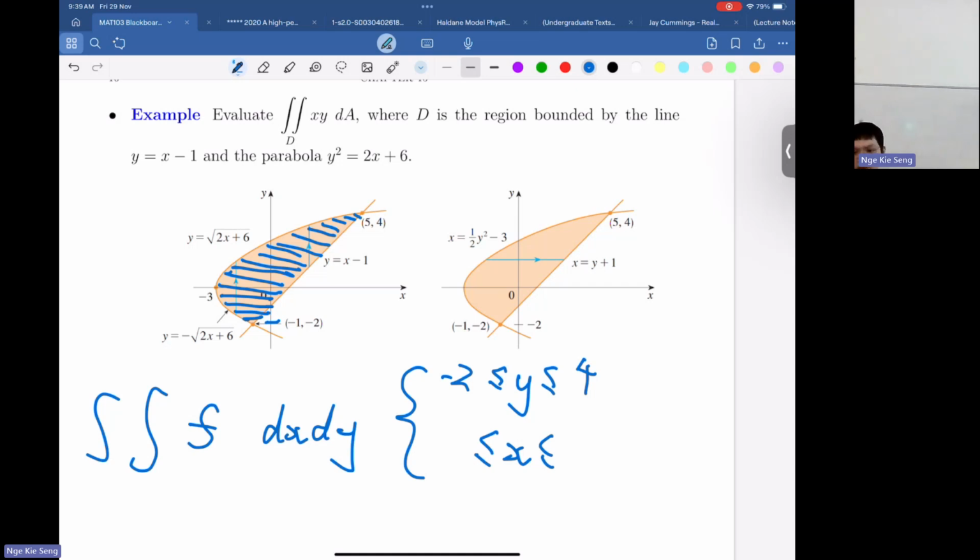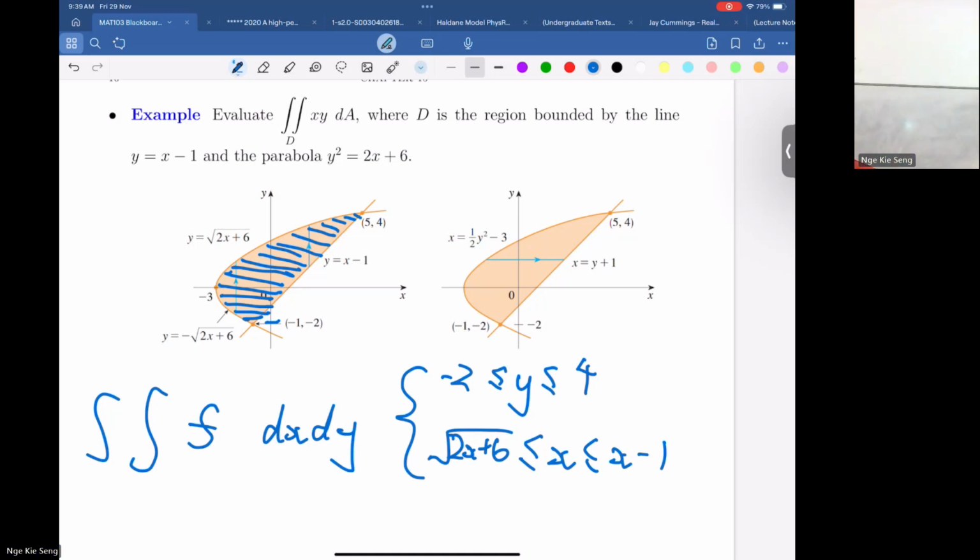Okay? So what's the bound here? Okay, so on the left hand side, what's the bound? The bound is square root. So the bound is square root 2x plus 6. And then the right hand side, the bound is x minus 1 here.